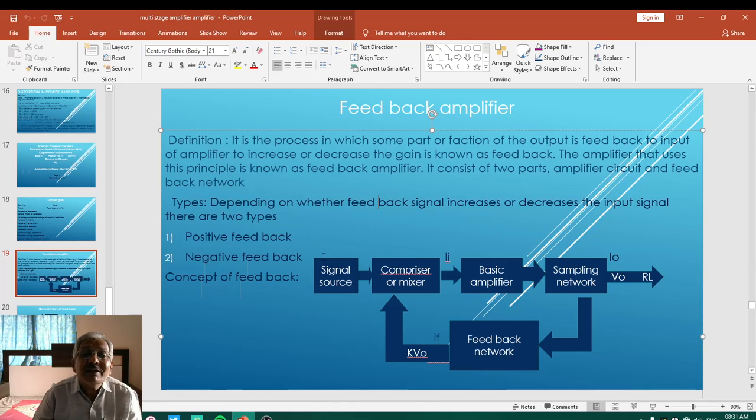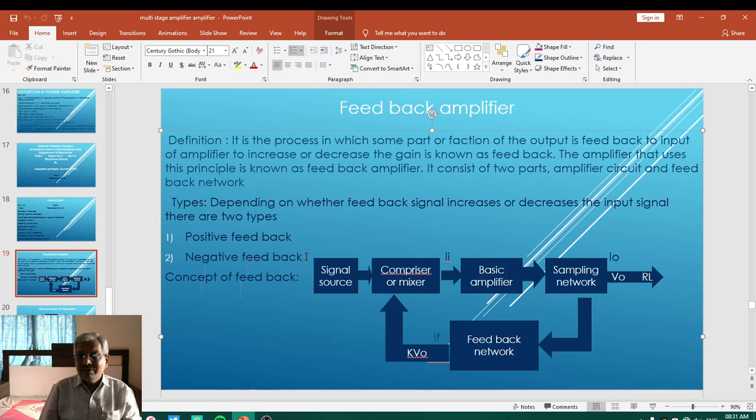The second type of feedback is negative feedback. Negative feedback is the type of feedback in an amplifier in which the part of the output voltage or fraction of the output voltage fed back to the input is out of phase with that of the input voltage.